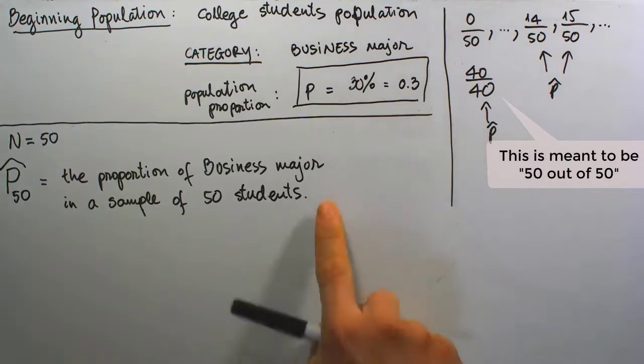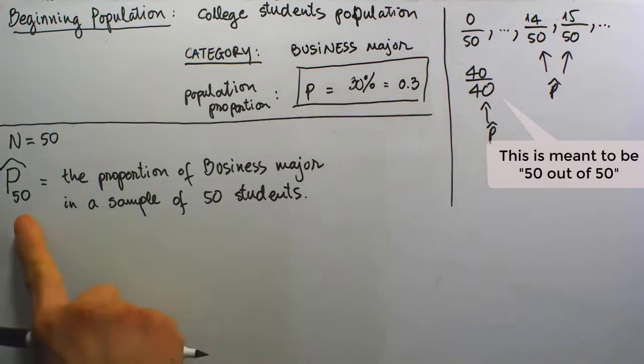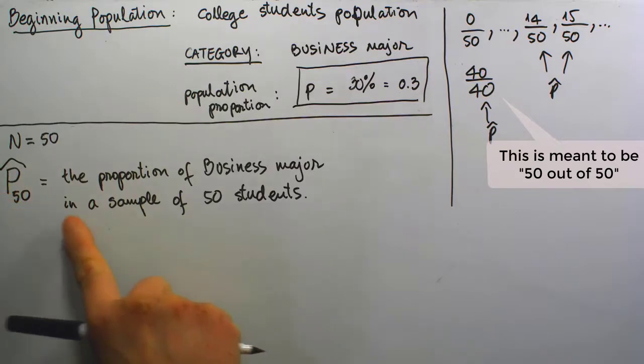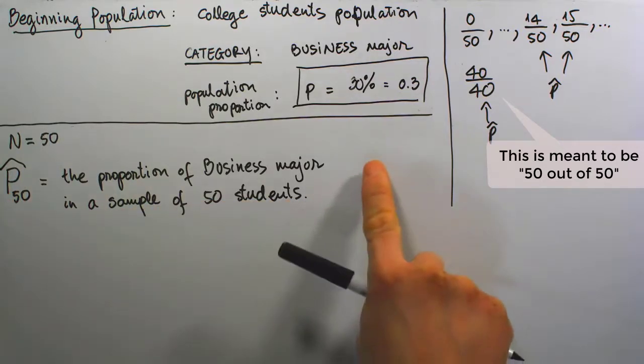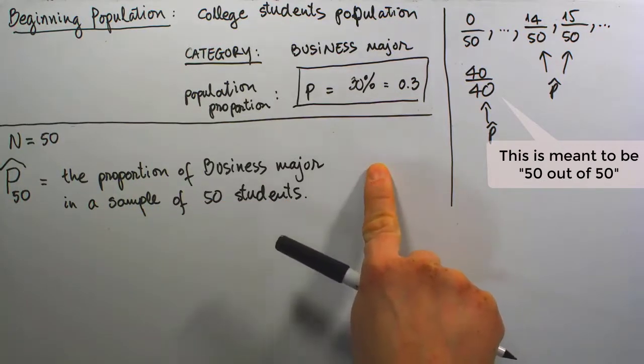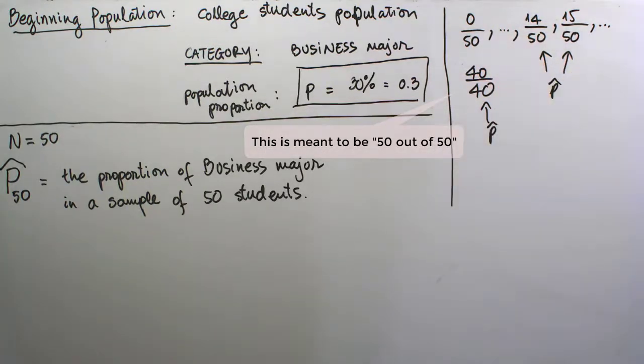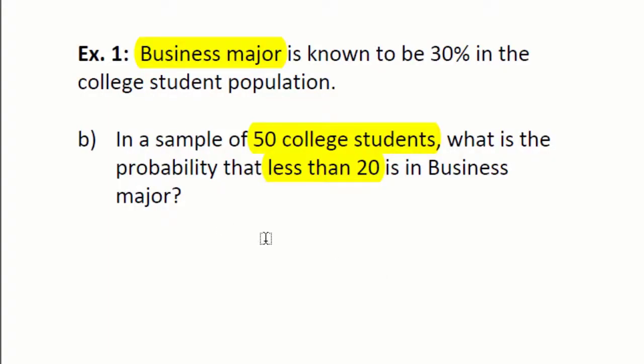We further realize that we're not only having one value. This random variable represents an entire population of sample proportion values, and what we have here may be one of these values.